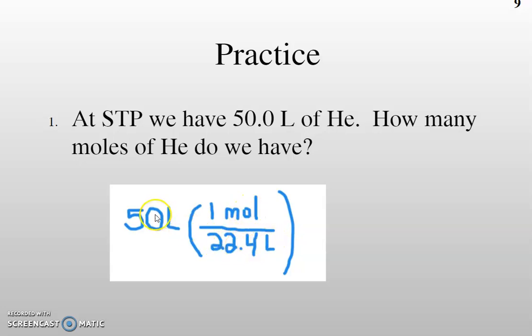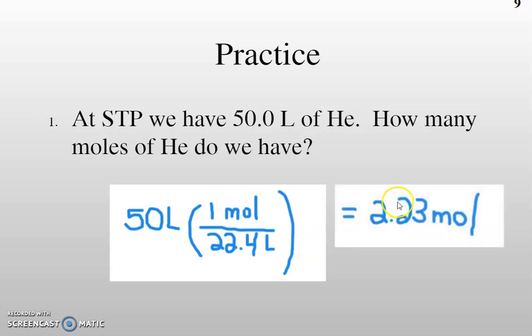I put liters on the bottom because I need the liters to cross out and I need to end up with moles. You should get 2.23 moles. If I just think to myself, 50 liters, and 22.4 liters is 1 mole, that makes sense that I have 2.23 moles.